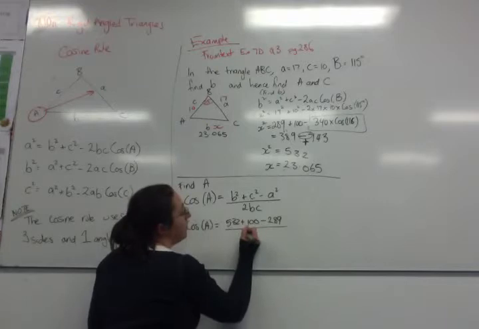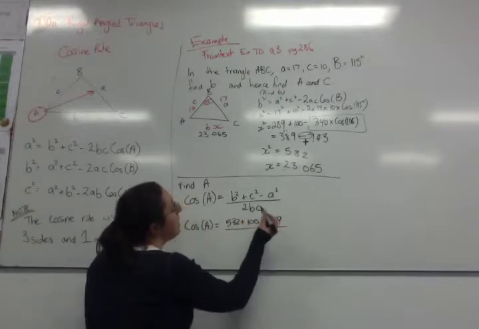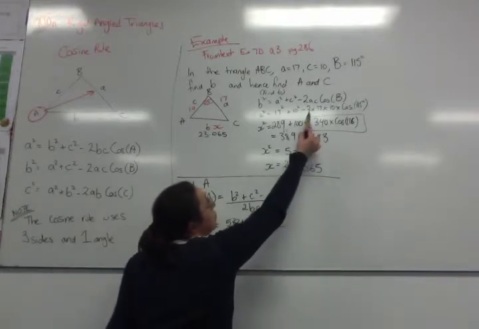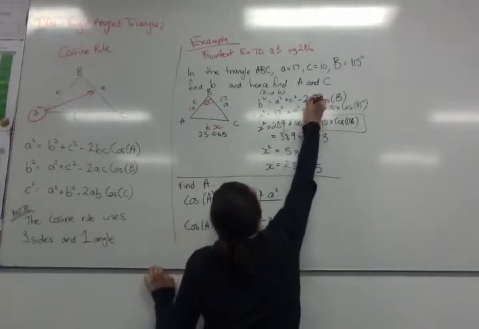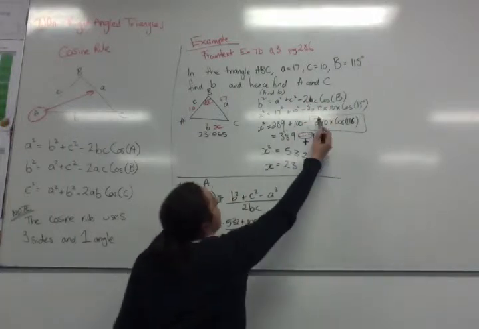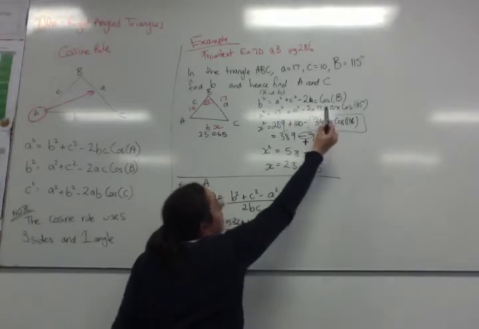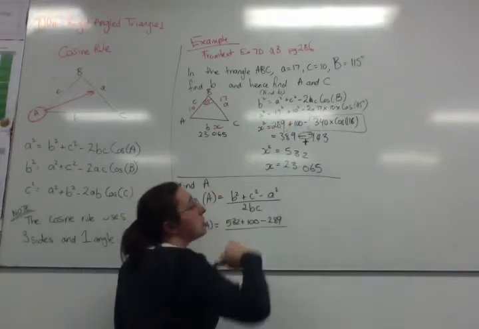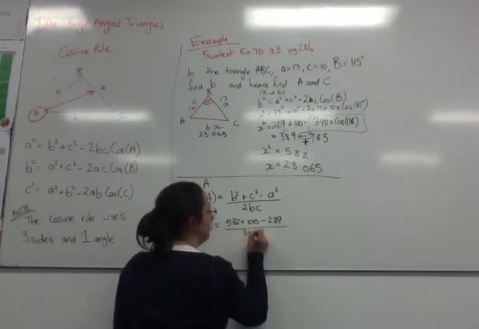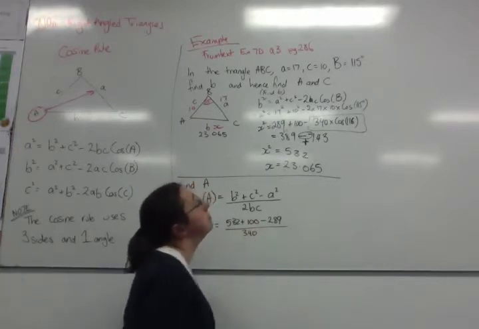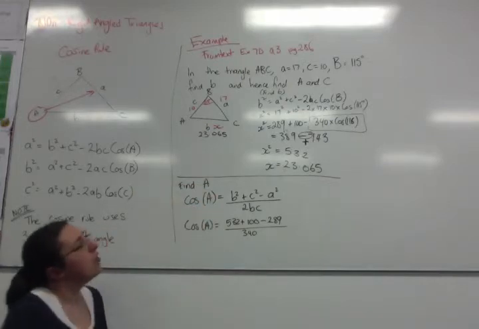Divided by 2 times B times C. Now, 2 times... Oh, that should have been B. 2 times B times C is here.